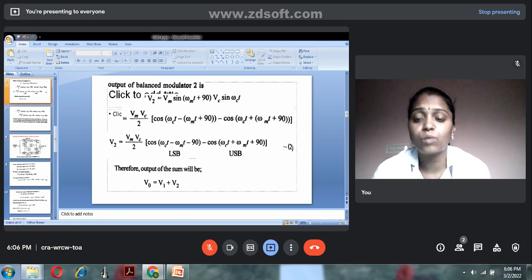So V2 is equal to Vm Vc divided by 2 into cos omega ct minus omega mt minus 90, minus cos omega ct plus omega mt plus 90. So that is USB, and cos omega ct minus omega mt is lower side band. So finally we have the output, V0 is equal to V1 plus V2, balanced modulator 1 output plus balanced modulator 2 output. That is our final output.